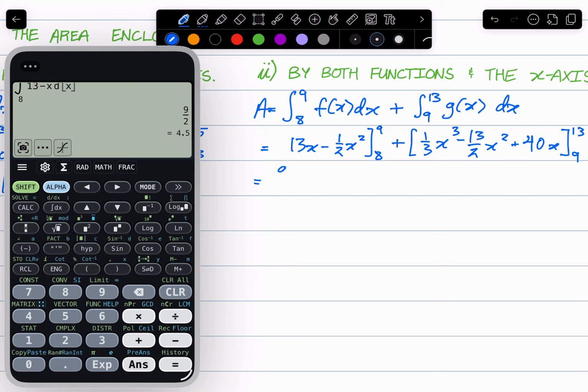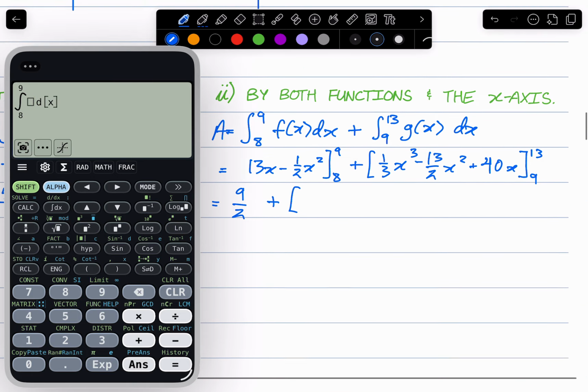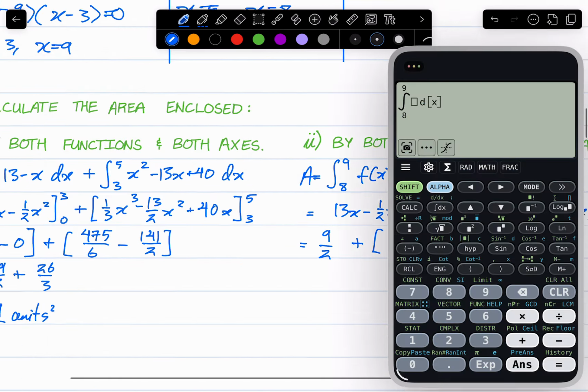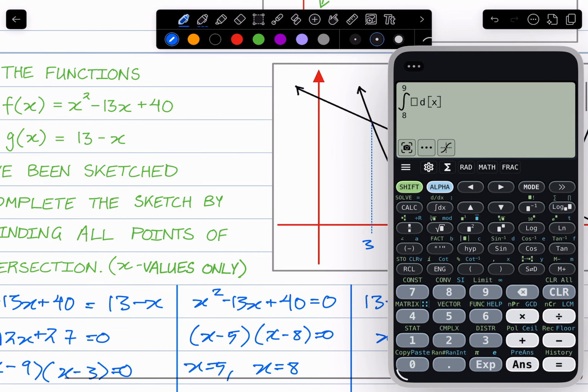This should give you 9 on 2 plus, and again, substituting these values, letting my calculator do it for me. G of x was x squared minus 13x plus 40 from 9 until 13.